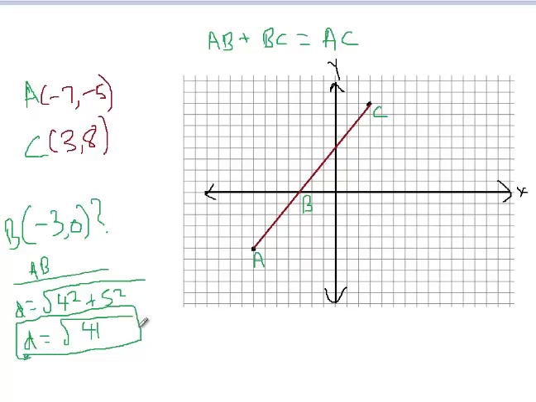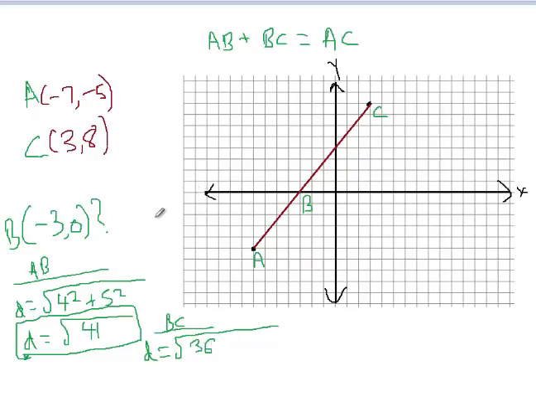Fine. Now let's look at segment BC. The distance, again, we're looking at these 2 points, this point and this point. -3 minus 3 is -6 squared. Now -6 squared is +36.